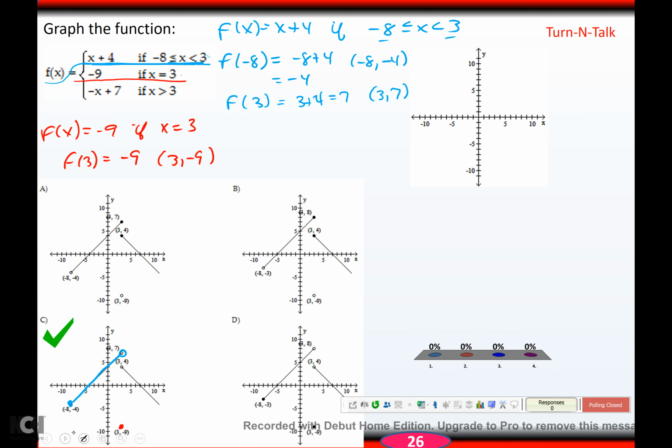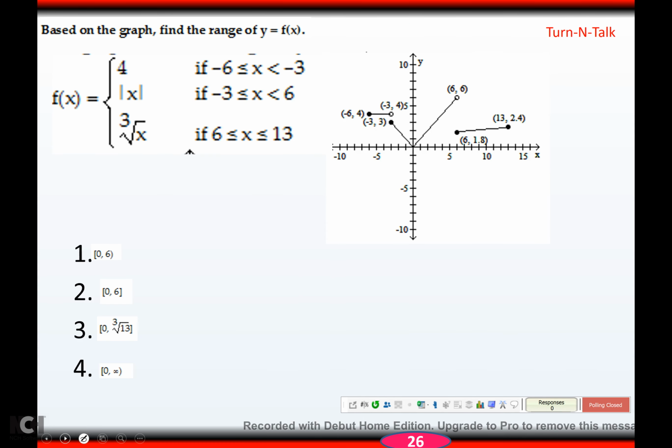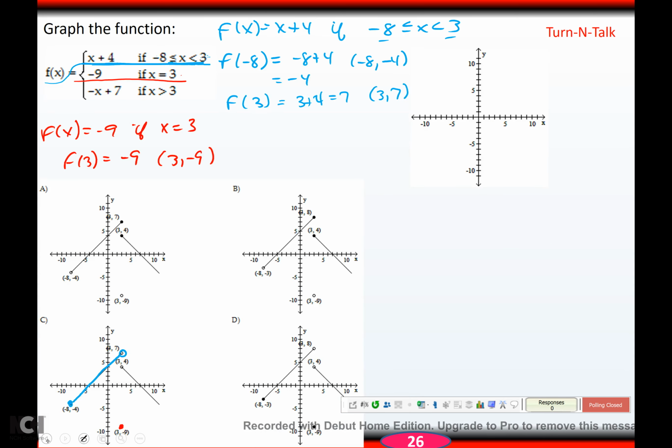Alright, and then to graph my third one. Sorry, hold on. To graph my third one, I say f of x equals negative x plus 7 if x is greater than 3. So if I pick 3, I get negative 3 plus 7, which would be 4.